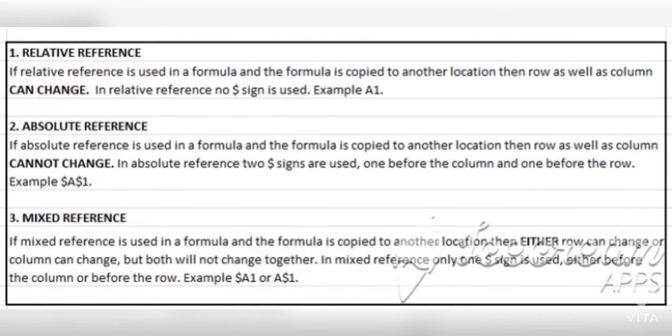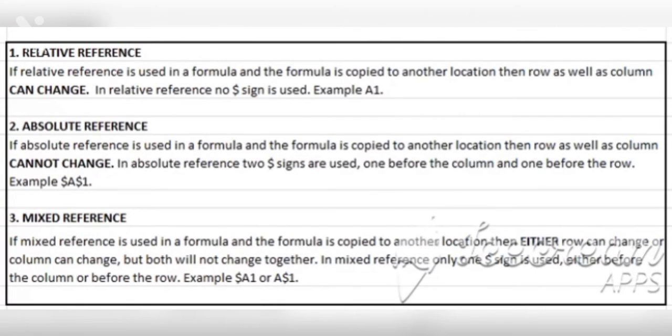If a mixed reference is used in a formula and the formula is copied to another location, either the row can change or the column can change, but both will not change together. You use a dollar sign either before the row or before the column. One can change.